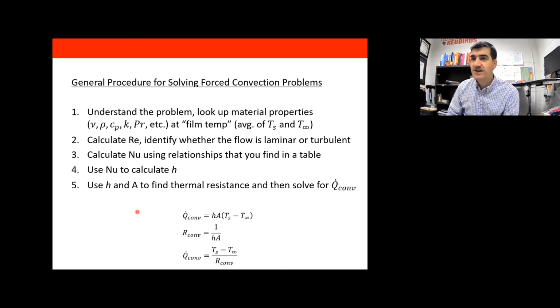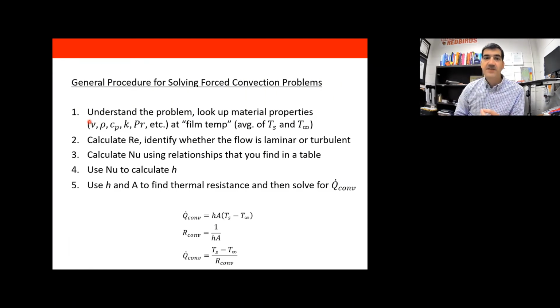All right, so step one is to understand what's going on in the problem. And if you need to, look up material properties. Probably I'm going to be giving you most of the material properties, but in the real world, you wouldn't necessarily be given the Prandtl number. So you might have to look that up in a table. You'll find that many of these values depend on the temperature at which you're looking them up.